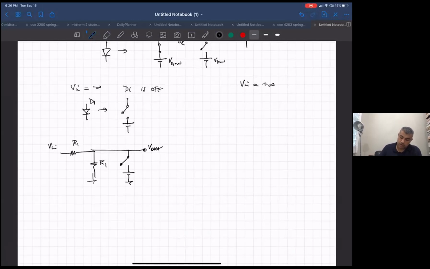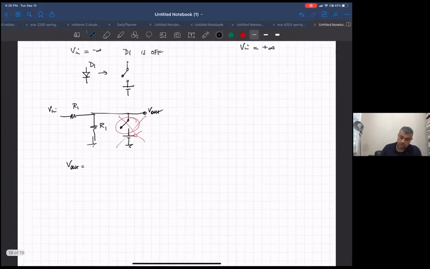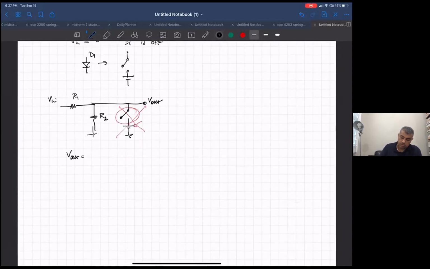So I redraw the circuit like that. Because the switch is open, we don't see this battery or anything. This whole thing is out of the picture. And we end up with V out as if it's just a voltage divider. Sorry, this should be R2. And that's equal to R2 over R1 plus R2 times Vn.